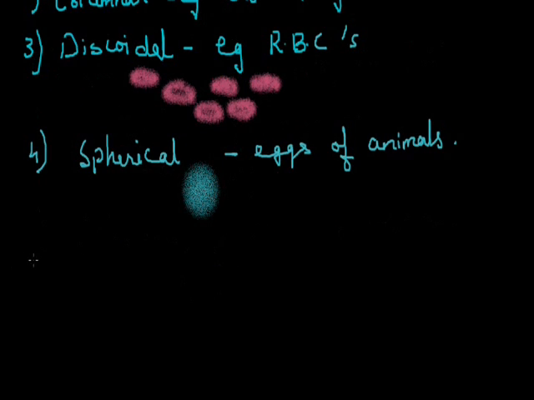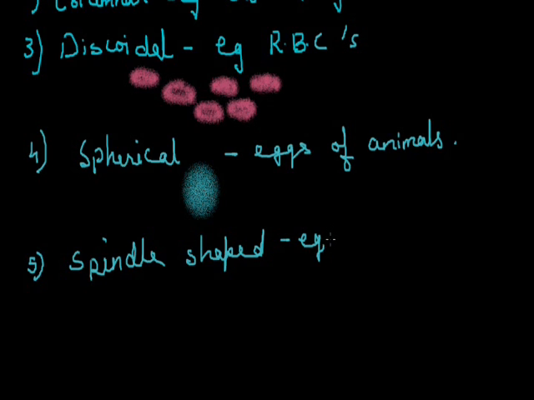The fifth type of the cell shape can be spindle shape. For example, the cells of the smooth muscles. Somewhat like this.